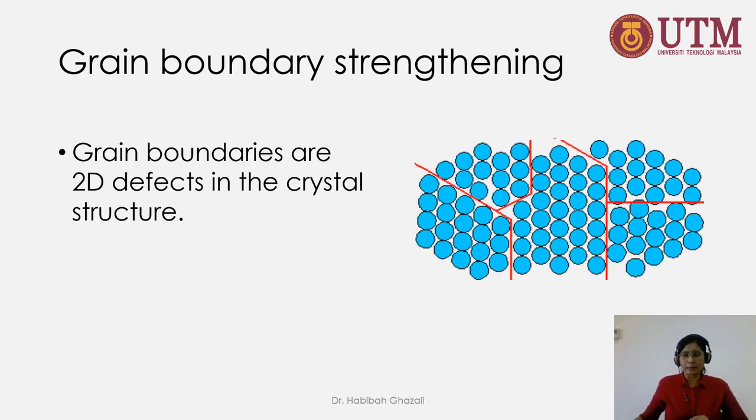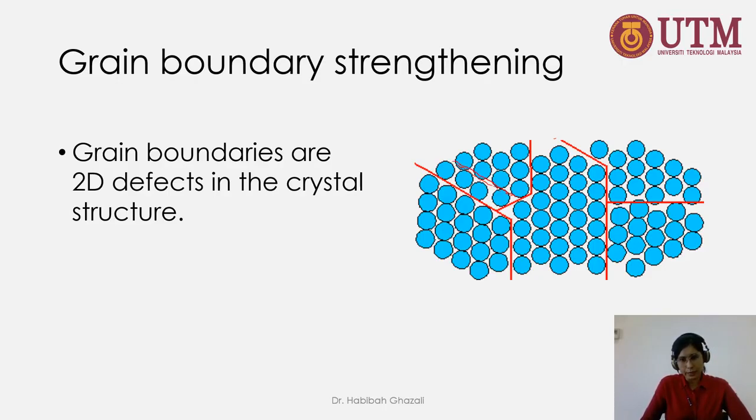If we look at a simple schematic of grain boundaries, the atoms in each grain have different orientation. They form the same crystal structure, but during solidification, when they start to solidify, they form grains with different orientation. So let's say we have a dislocation in one grain, and we have this as a slip plane for this grain.